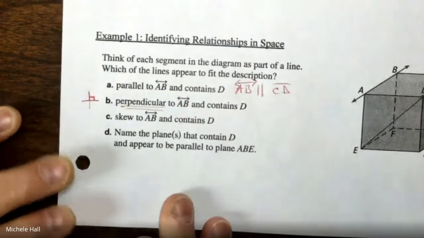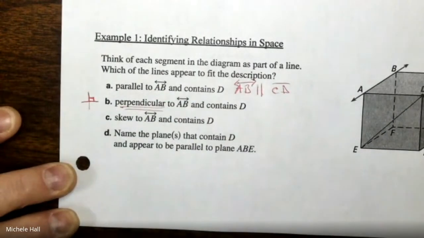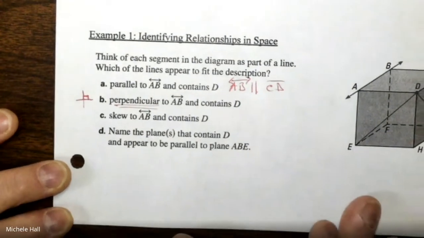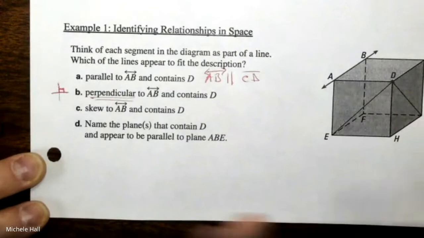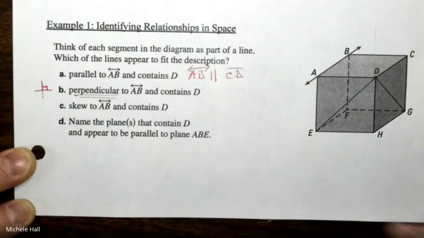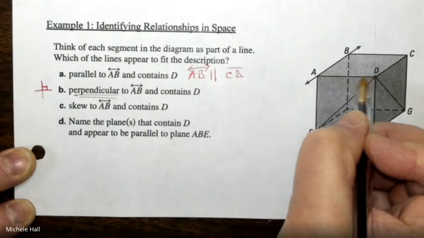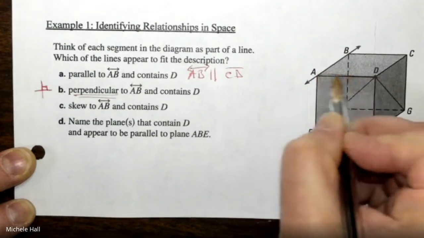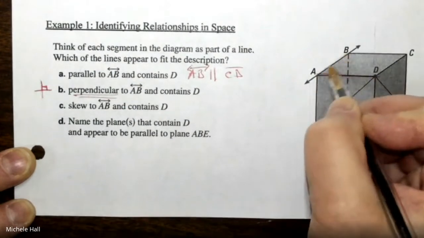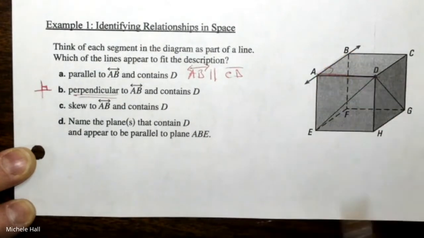All right, now that we know what perpendicular means, it says it's perpendicular to AB and contains D. What would be perpendicular to line AB and contain the point D? Here we go. This would contain point D, and it's the corner of a box. So we know that that's going to have a right angle there.